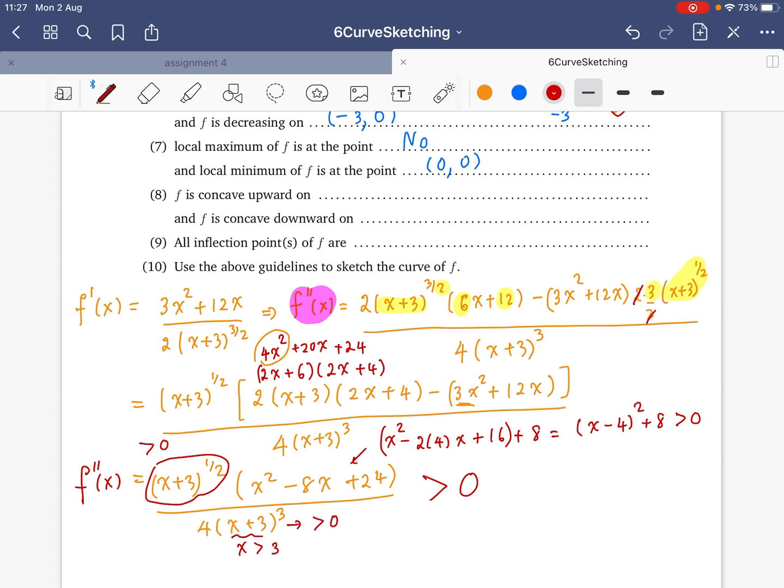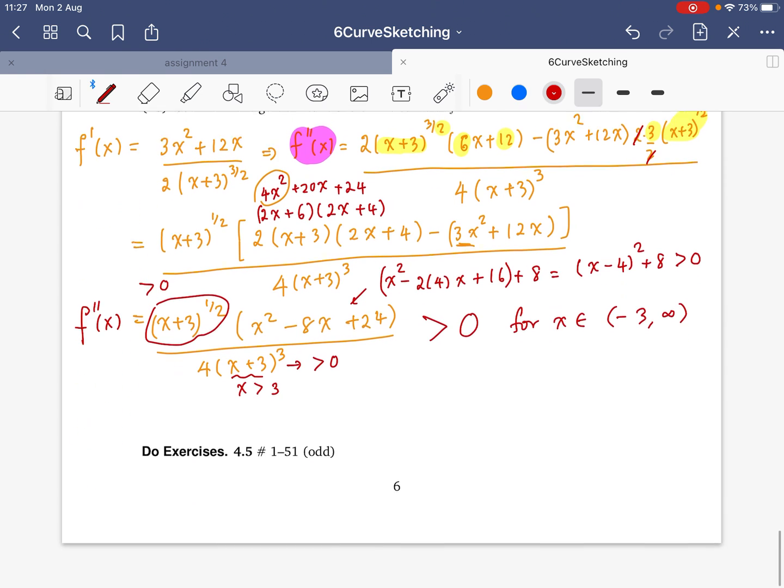So what does this mean? It's always concave up, for each and every x from -3 to infinity. So here it is always concave upward. We have no place that it is concave down, so it means that you don't have any inflection points.